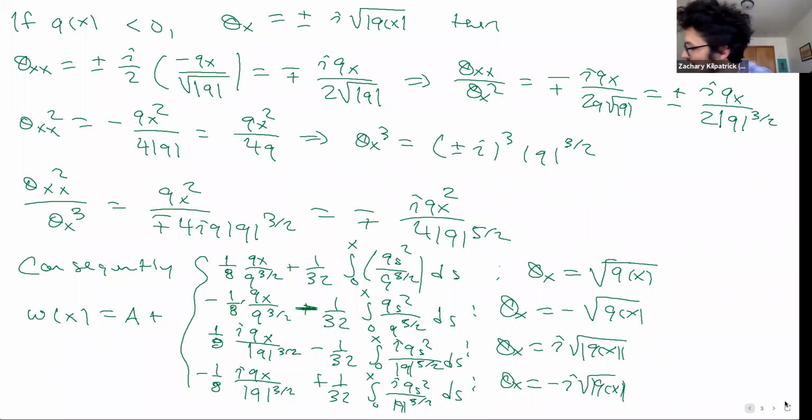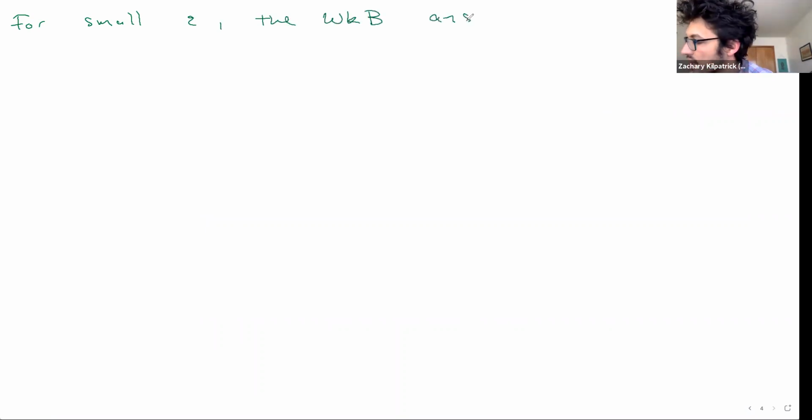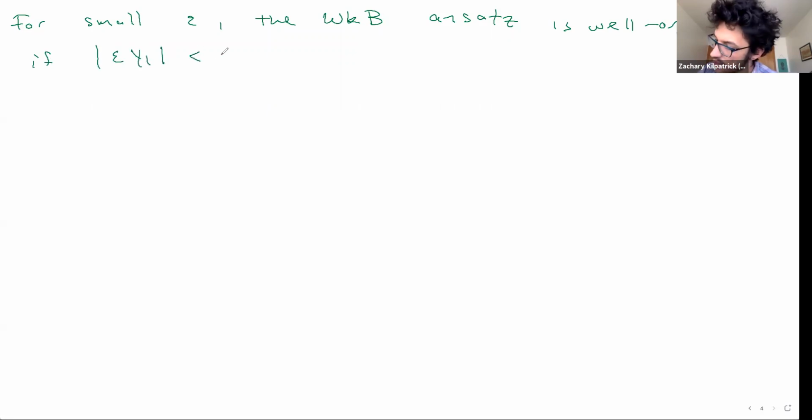Okay. All right. So let me just summarize this. This is just reminding us that we are trying to build asymptotic series here, and we want to make sure our first order approximation is a legitimate asymptotic approximation. Okay, so it's going to be well ordered as long as epsilon y1 is much less than absolute value of y0, or in other words, that epsilon w is much less than 1.